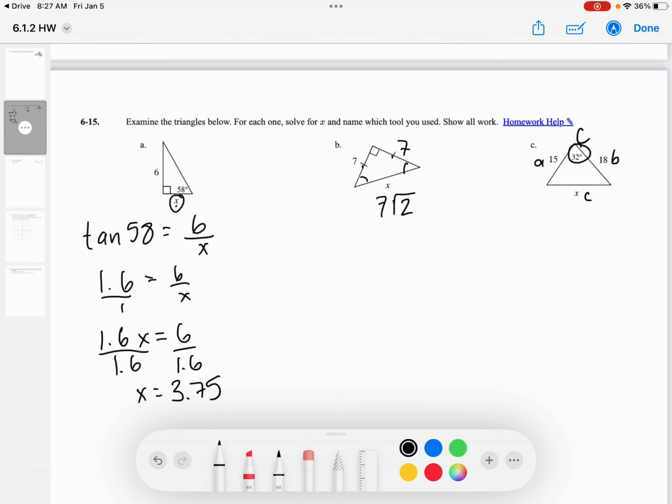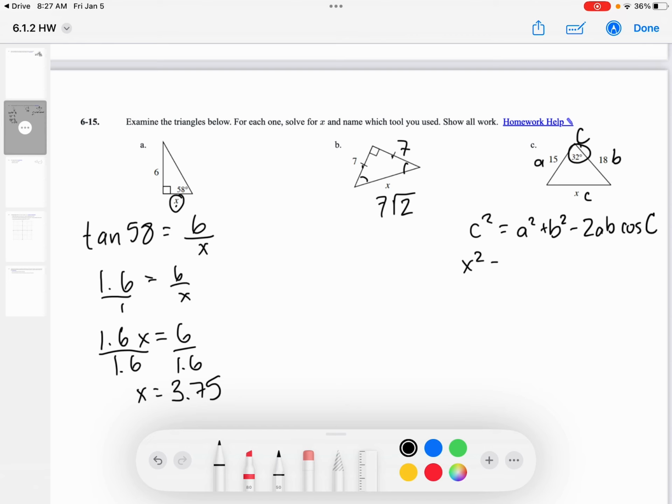I'm going to call this A, and I'm going to call this B. All right, so the law of cosines tells us that C squared equals A squared plus B squared. Remember, it starts out just like the Pythagorean theorem, minus 2AB cosine of angle C.